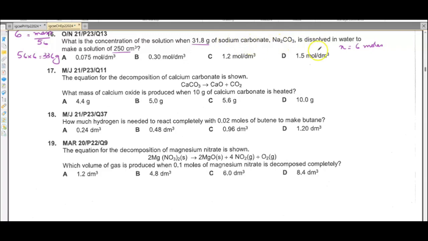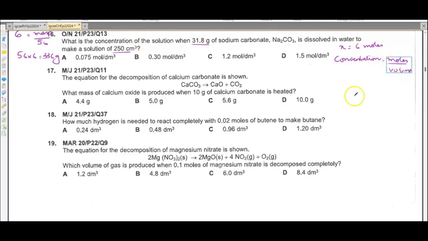So the formula for concentration is concentration is equal to moles per volume. We have the volume over here.